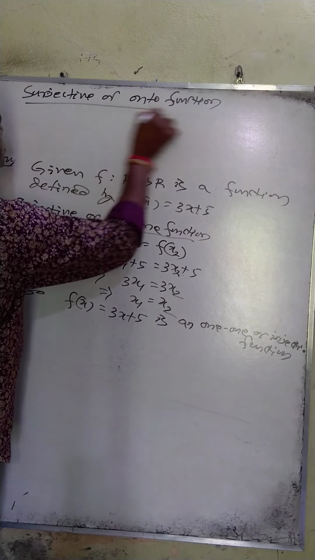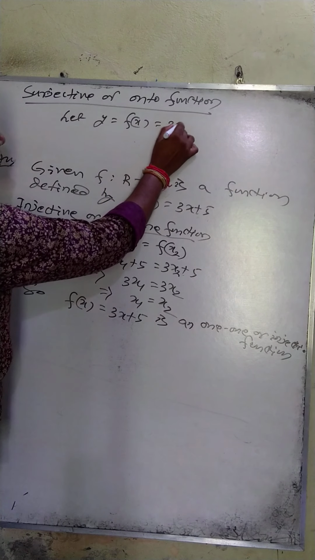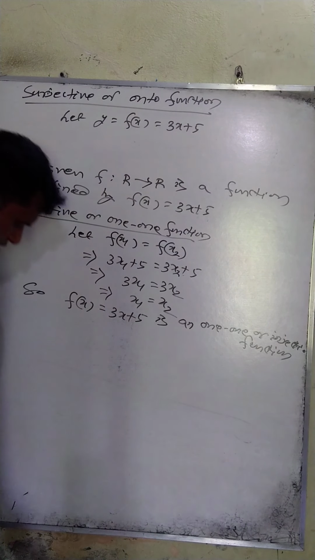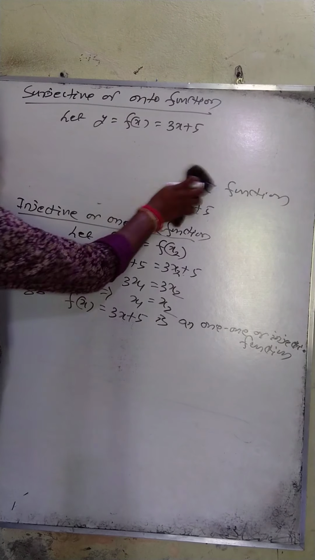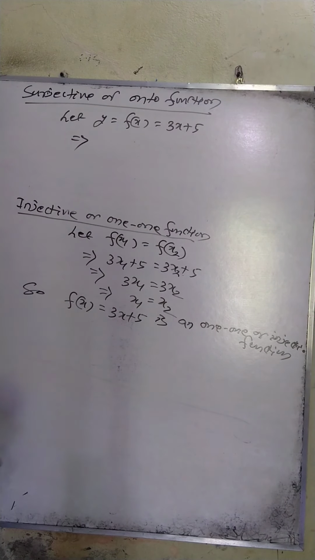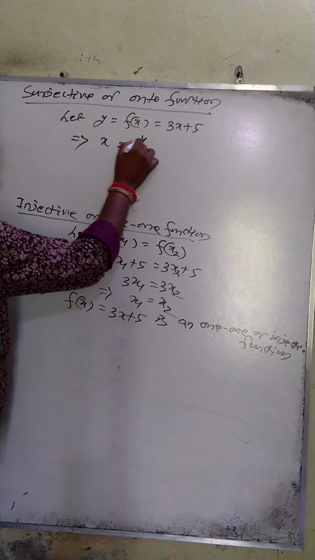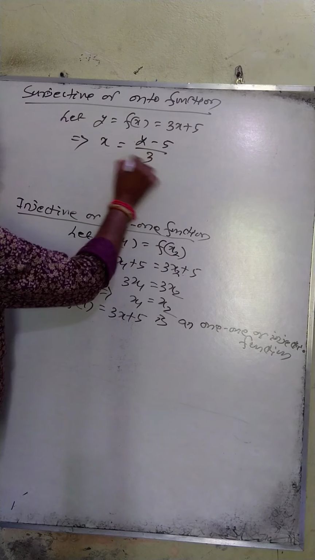Let y is equal to f of x is equal to 3x plus 5. That implies x is equal to y minus 5 divided by 3.